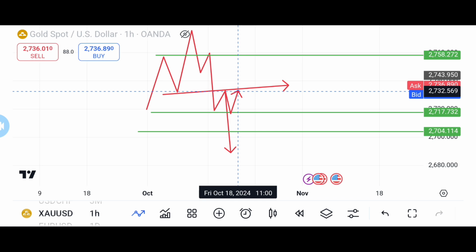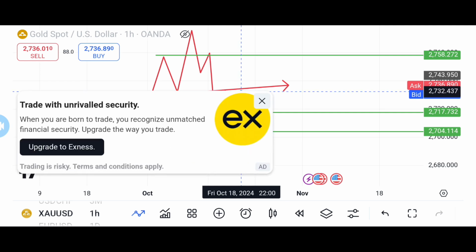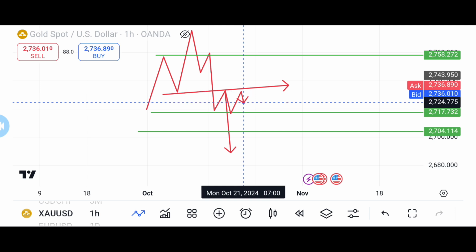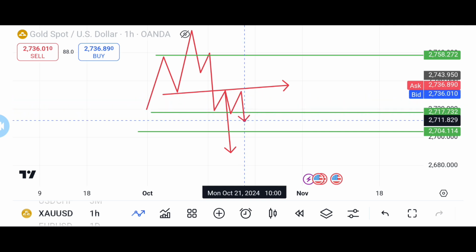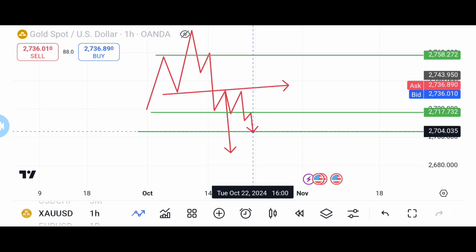But the rule is, it must not break this neckline. If it does not break the neckline, it does not break our trading rule. So we shall enter again and hold that trade. Once it has broken our TP1, we are guaranteed sure that we are going now to enter for TP2.